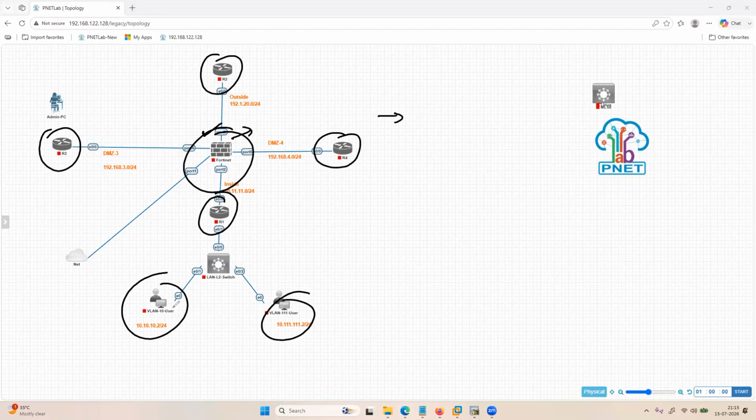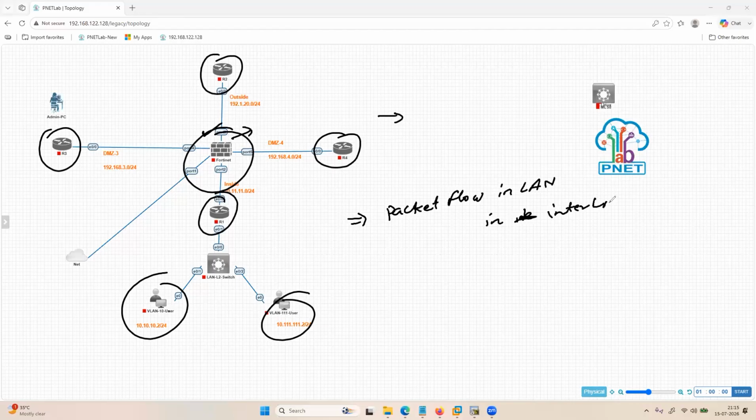Then we'll start from very basic things, that is known as packet flow in a local area network, and packet flow in inter-LAN. Okay. Once I say inter-LAN, simply you get it like whatever you say, in different local area networks.